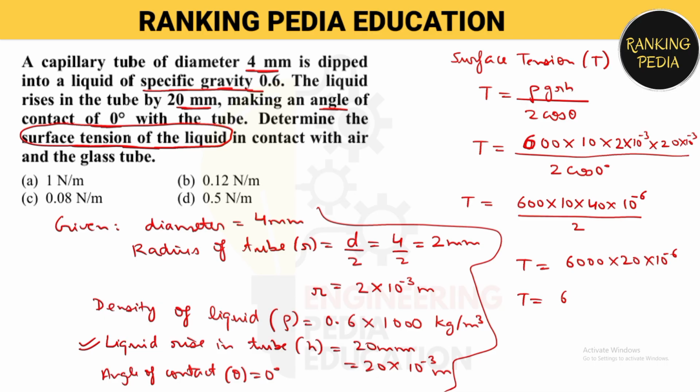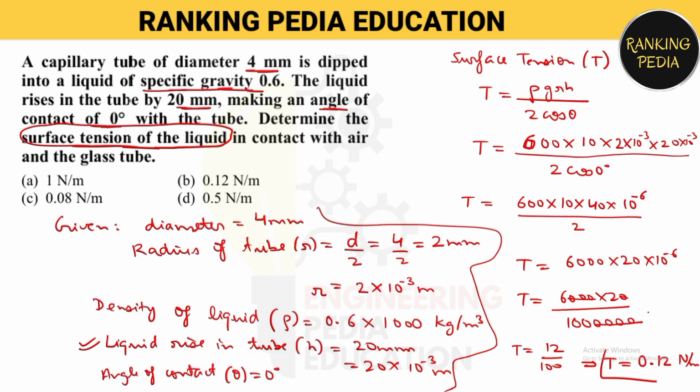T is equal to 6000 in denominator 10 raised to the power minus 6, 10 cancel out, is equal to 12 by 100. From here T is equal to 0.12.